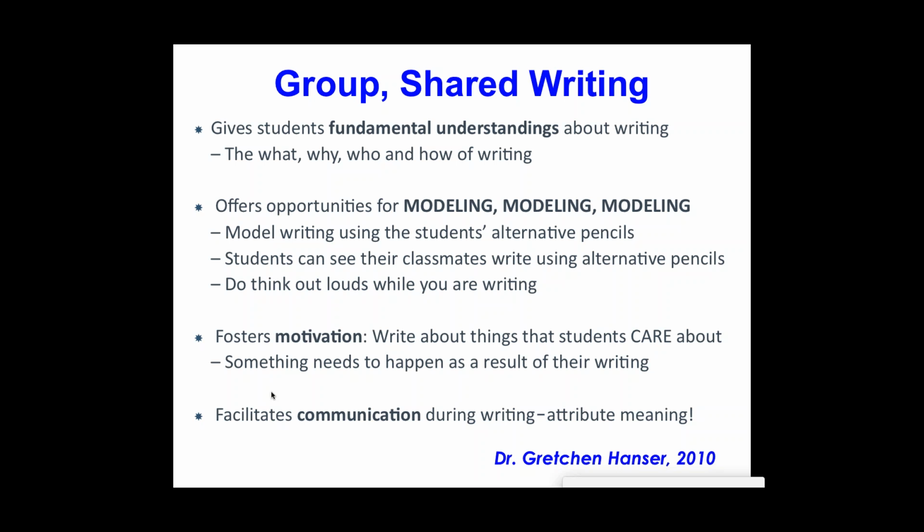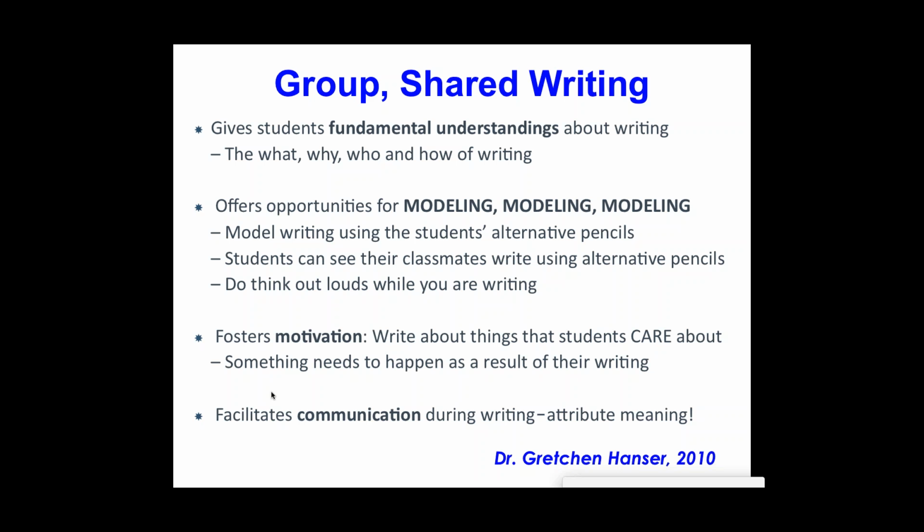You're going to show from the very get-go that writing is about thinking, that we have to come up with an idea first, and then we're going to figure out how to translate that idea that's in our head onto paper in some way. So I might come up with an idea and then find it on their communication system. I might come up with an idea and then use the alphabet to share that idea. It's about motivation too. Shared or group writing is great for motivation. We can write about things our kids really care about.